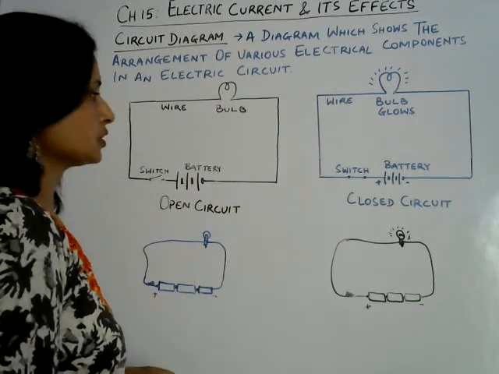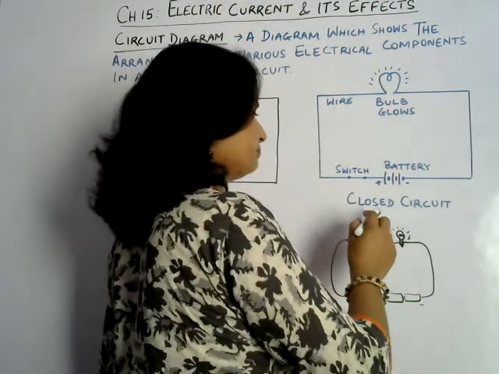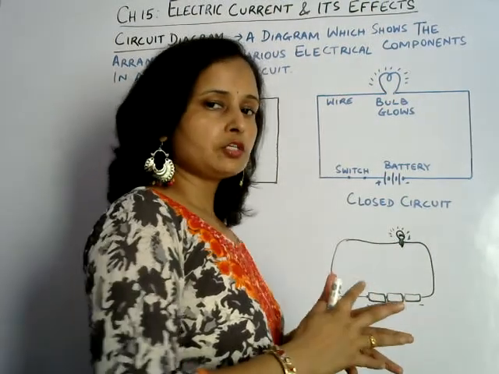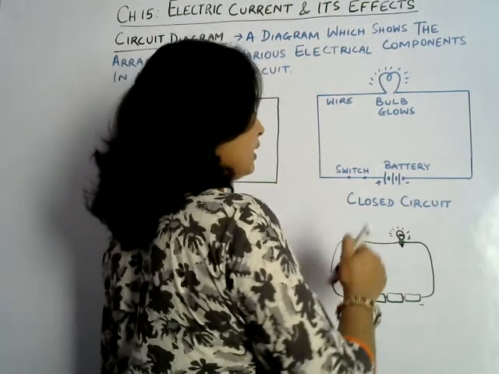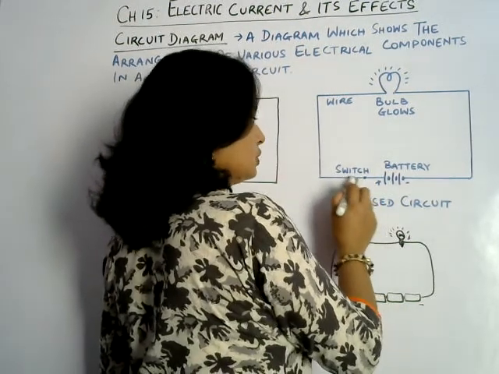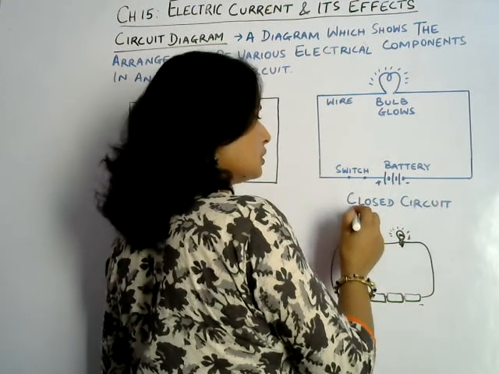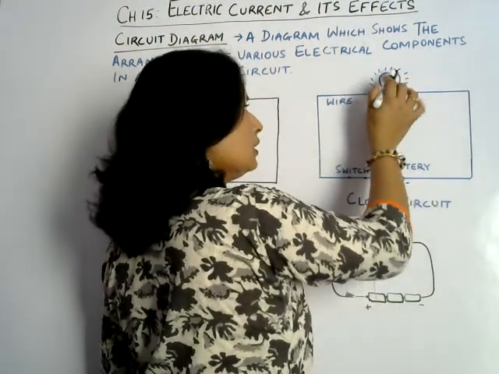Now the next condition. In the next condition, the same components of the circuit are there, only the switch is on. Switch on means closed circuit, and in a closed circuit the bulb will glow.